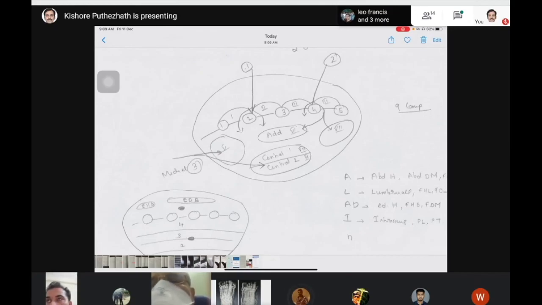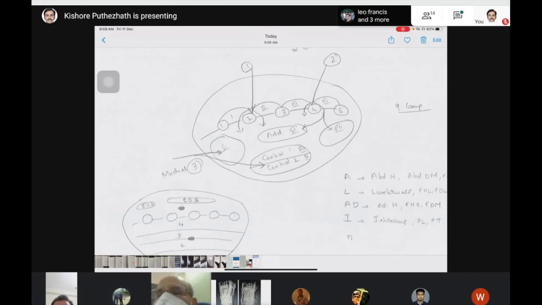What are the 4 layers of muscles? Arrangement of 4 layers of muscles. You can remember that using a mnemonic, Aladdin. Can you read the 4 things? Are you able to see the picture or not, Ashwin? Yes, sir.